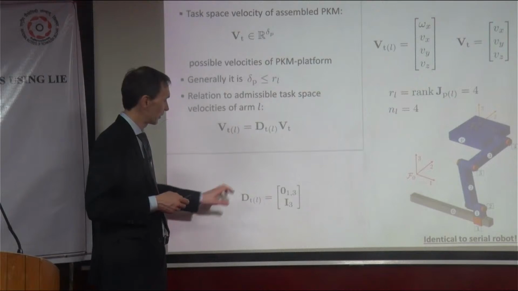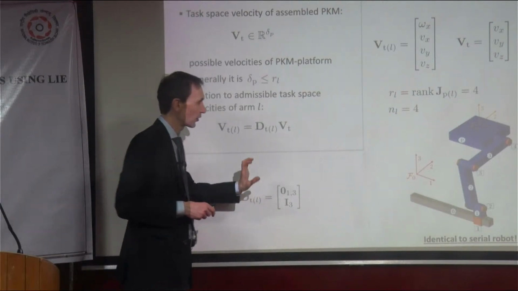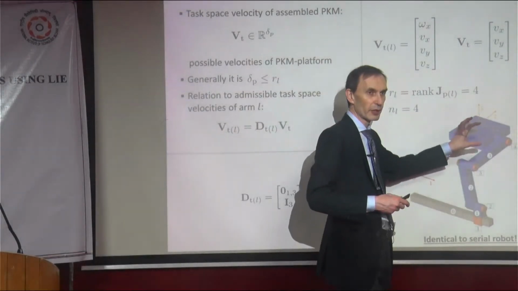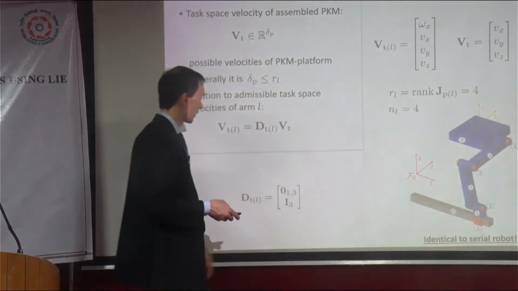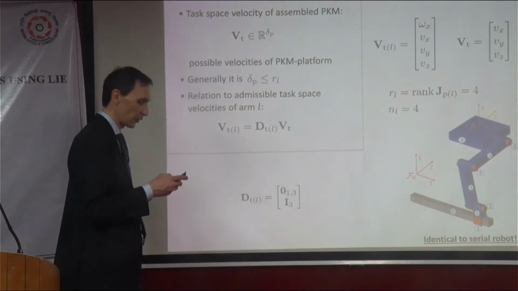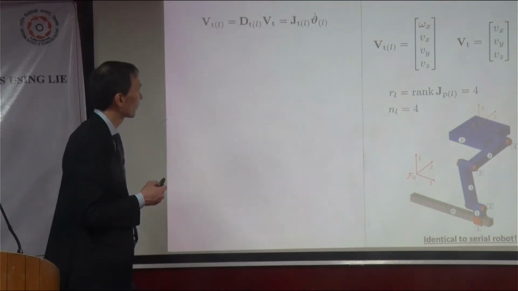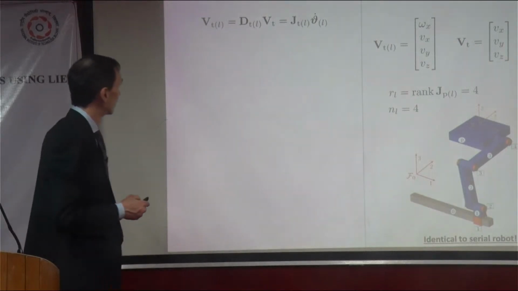So we kind of implicitly impose the constraint that the platform cannot rotate, and we relate the task space velocity of the platform to the task space velocity of the disconnected limb.